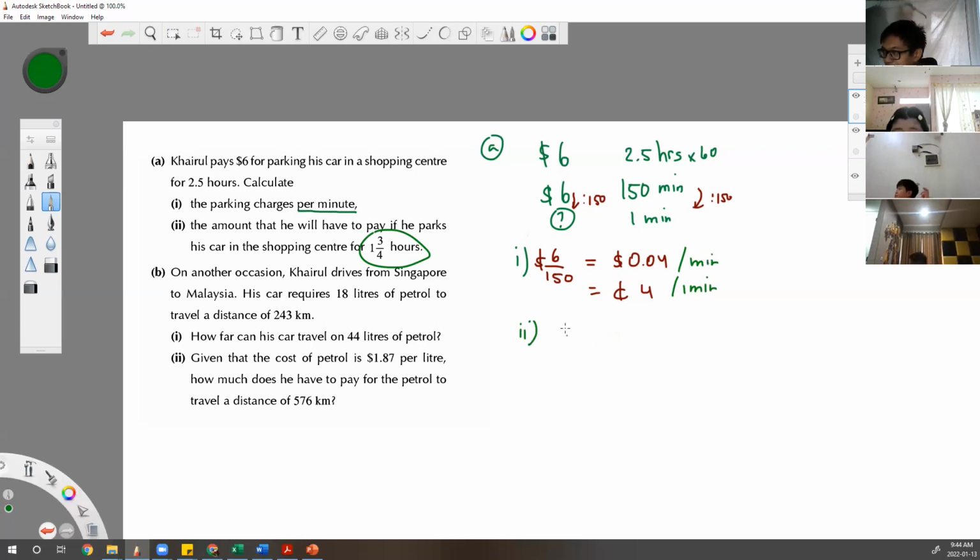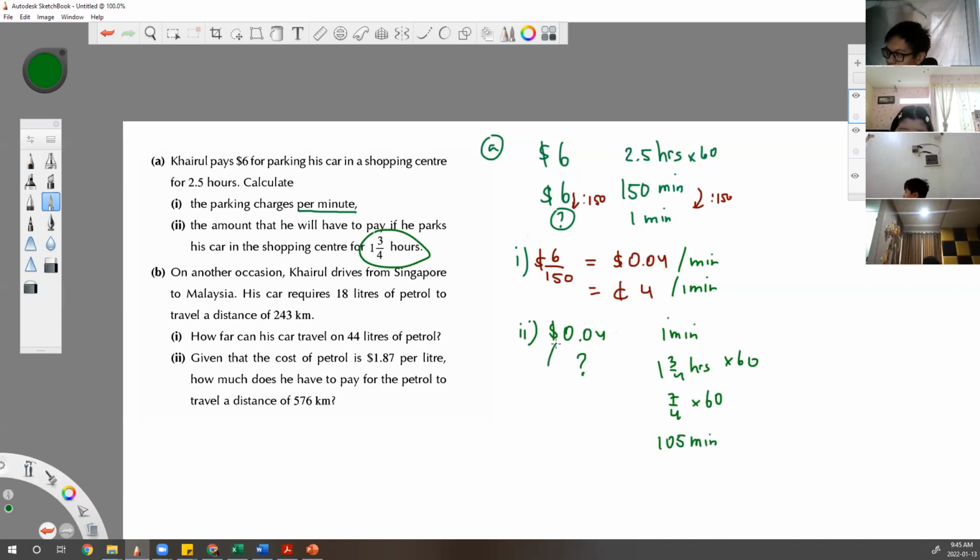Here we go. $0.04 in 1 minute. How about 1 3/4 hours? This is the ratio, right? So from hours we convert into minutes first. 1 3/4 is 7/4, times 60, right? 7/4 times 60, the answer will be 105 minutes.